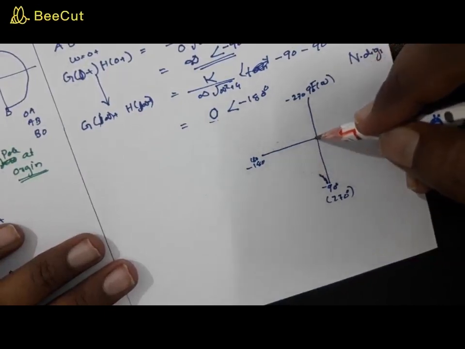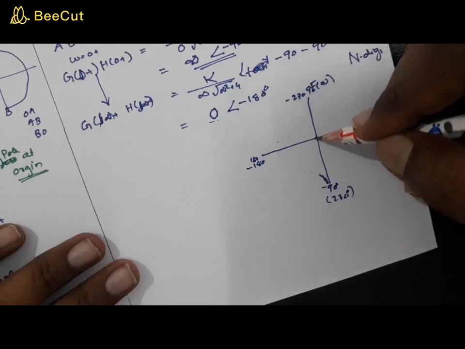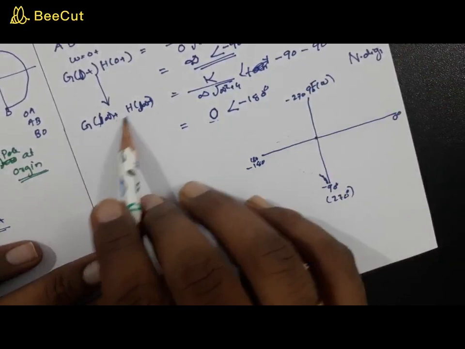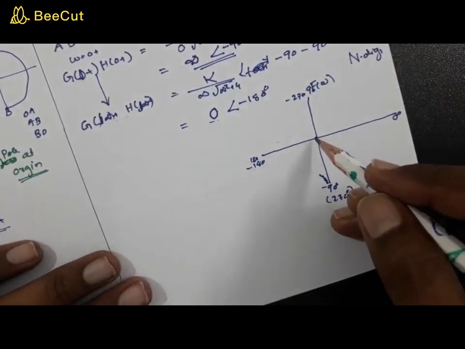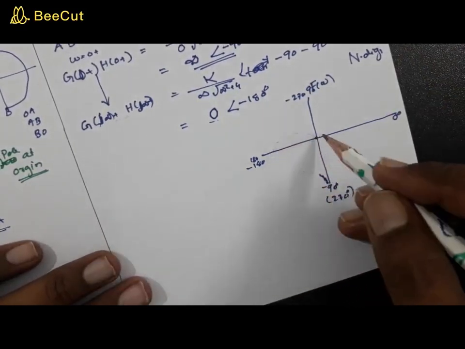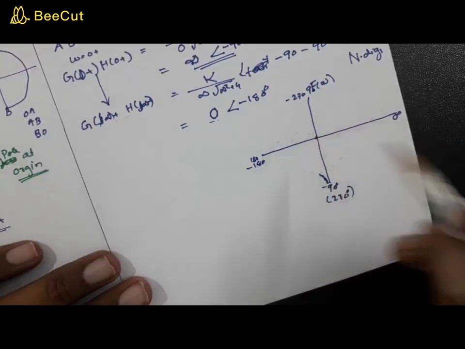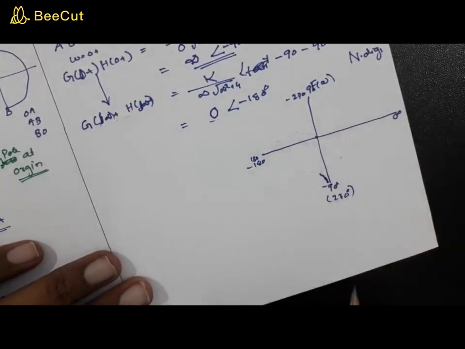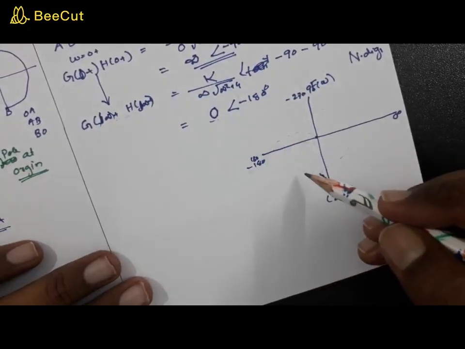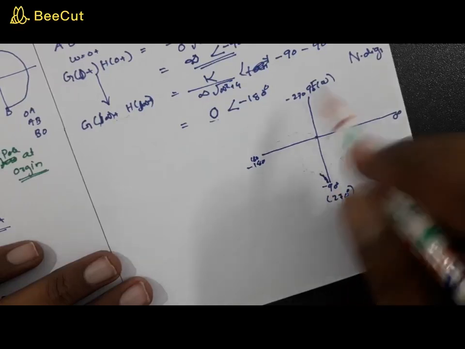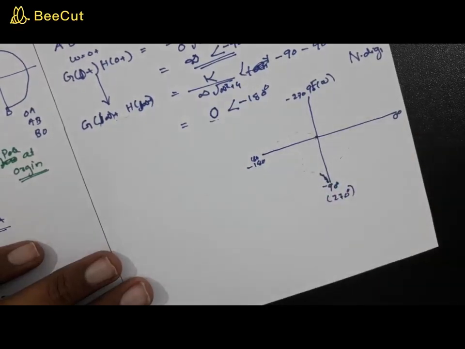A plot can come like this to this point. Anyway, we have identified the point. The point corresponding to infinity plus is this. But this plot can come in this way, or it can also go in this way. Now how this travels, that's what we need to find out.